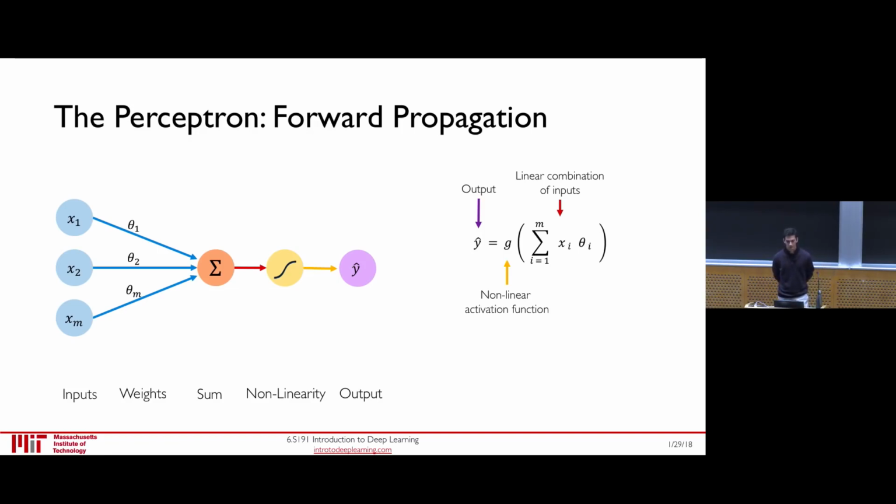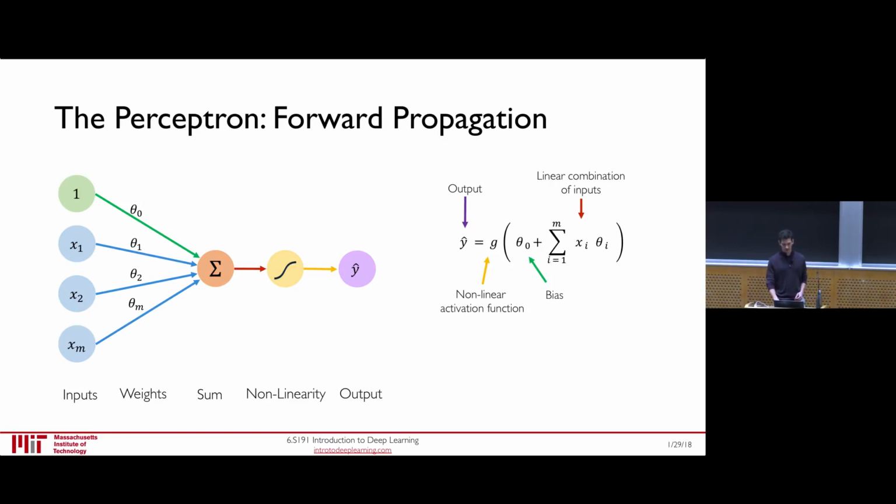And all we do is we multiply each of these inputs by their corresponding weight, theta1 through theta m, which are those arrows. We take this weighted combination of all of our inputs, sum them up, and pass them through a nonlinear activation function. And that produces our output y. It's that simple. So we have m inputs, one output number. And you can see it's summarized on the right-hand side as a single mathematical equation.